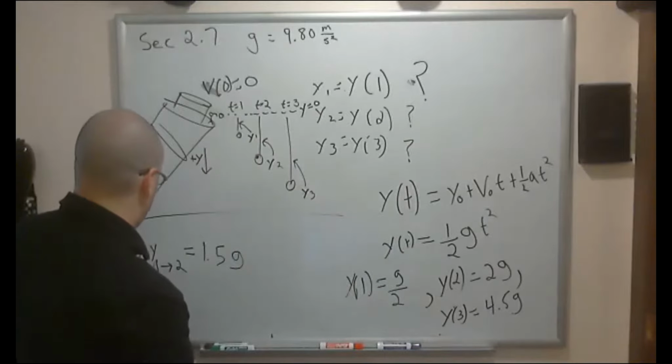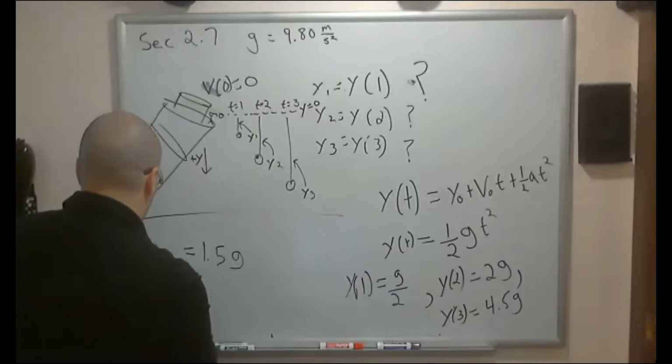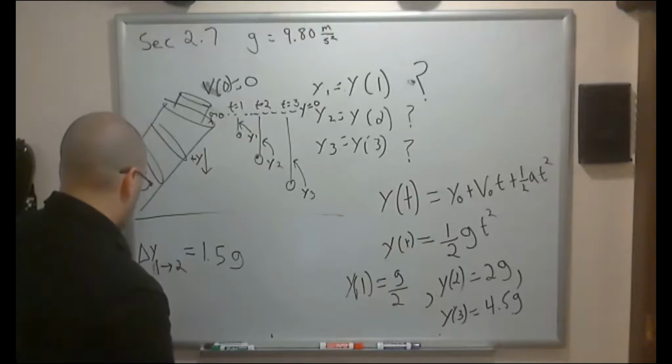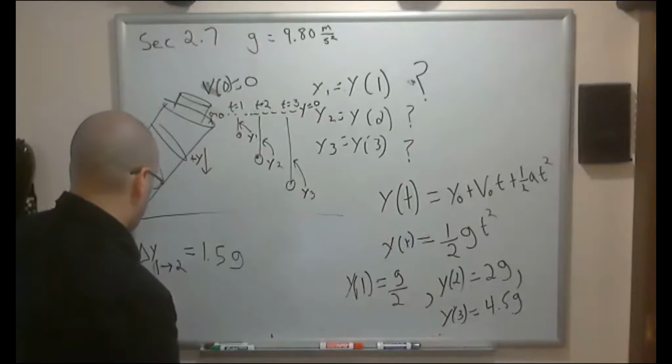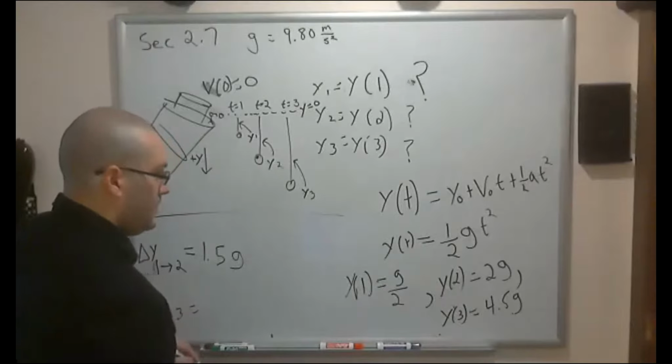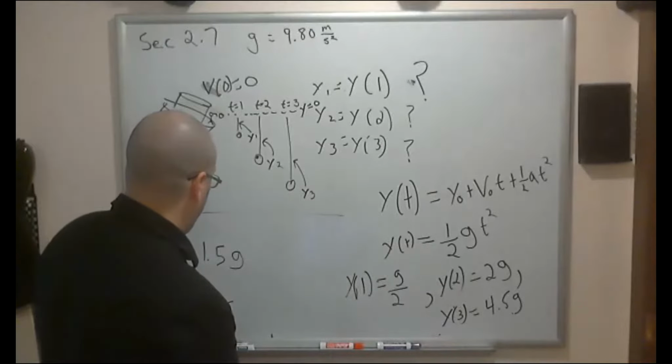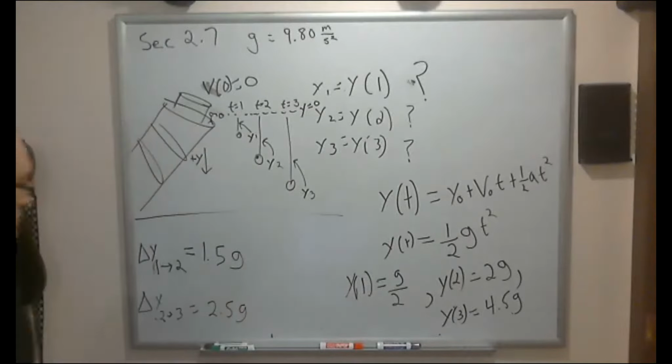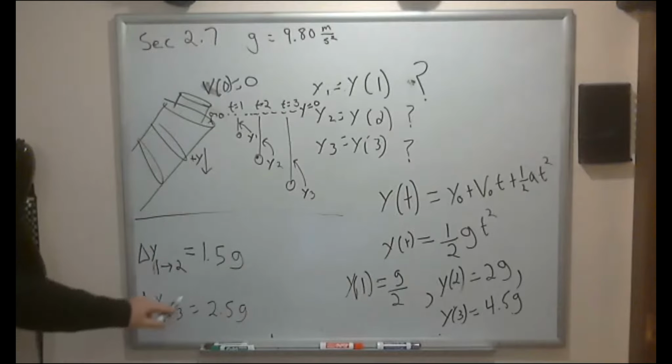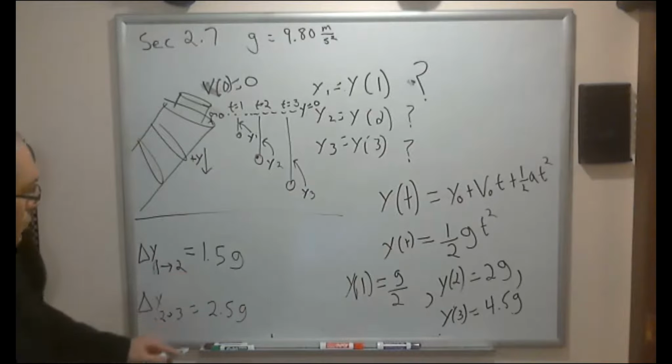Then when it travels from 2 to 3, it travels 2.5, right? So it travels 2/3 more, we should say, roughly.